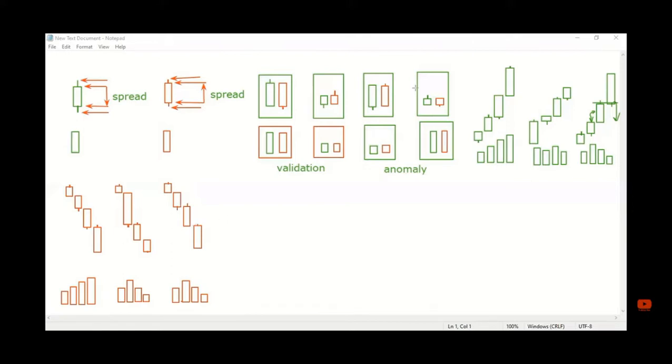So when the market created these two candlesticks, it was okay. This one and this one, it was okay. But when the market creates this candlestick, volume did not increase, but the candle is larger than this one, volume decreased, again volume decreased. So now this market is giving us information that the market may change its direction at any time.